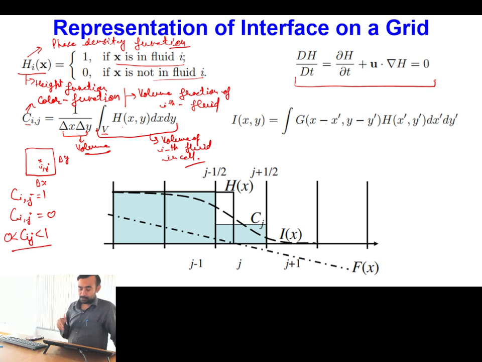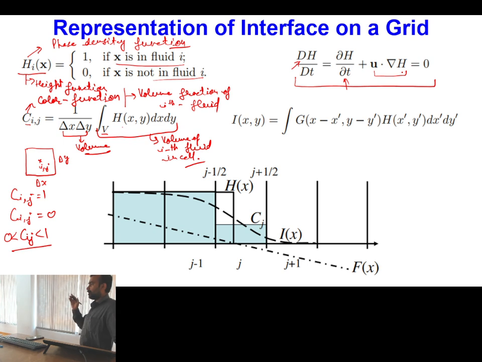So for propagation of the interface, I have this equation which represents the total rate of change of the height function with time, and this is equal to the temporal variation plus the advection term.